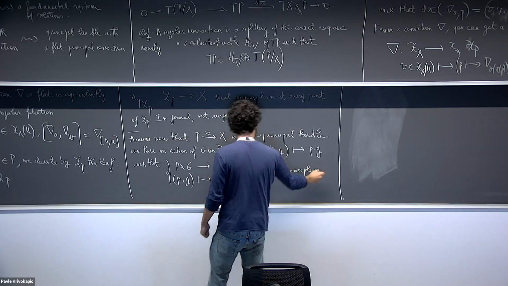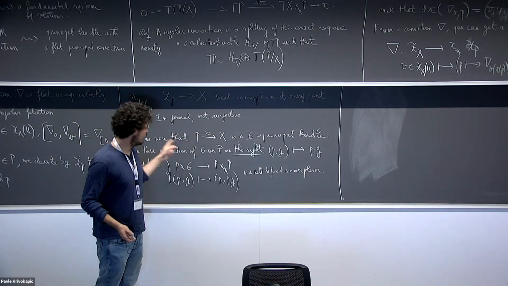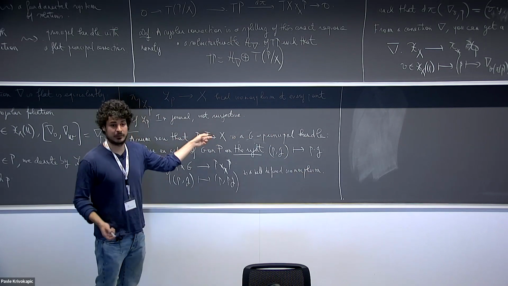Okay, this is a shortcut for saying that the fibers are principal homogeneous spaces under the action of G, and that G preserves pi.